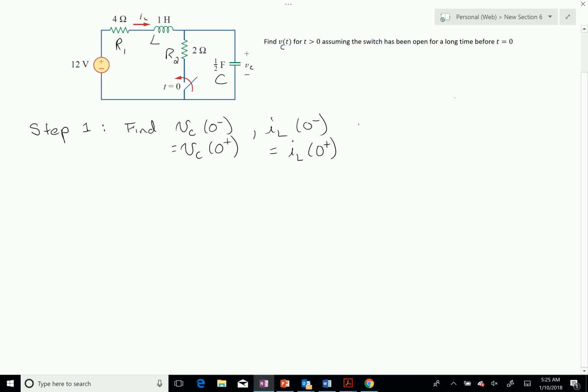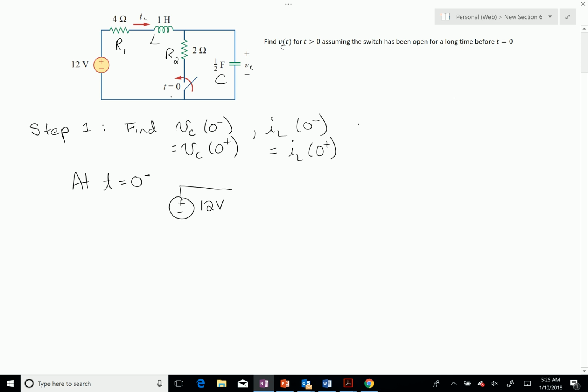We've been told in the problem statement that the switch has been open for a long time before t equal to 0. So that means at t equal to 0 minus, the circuit looks like this. I've got a 12 volt source. Now the switch is open.